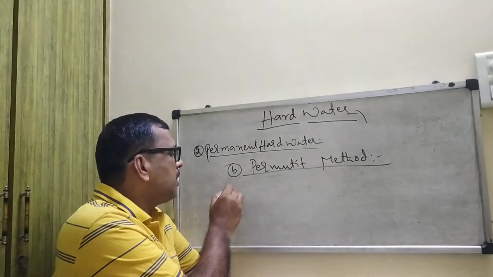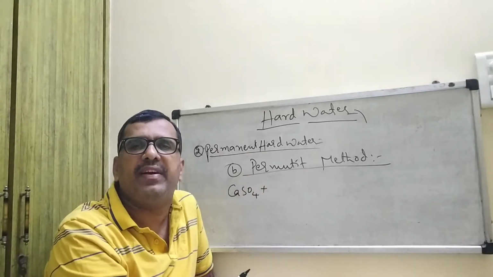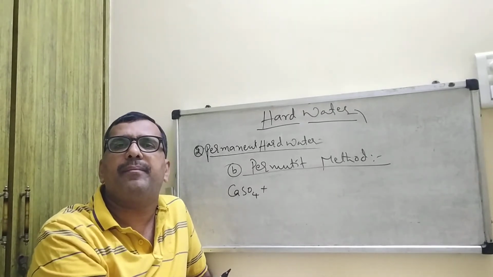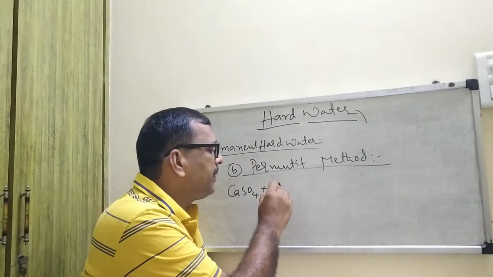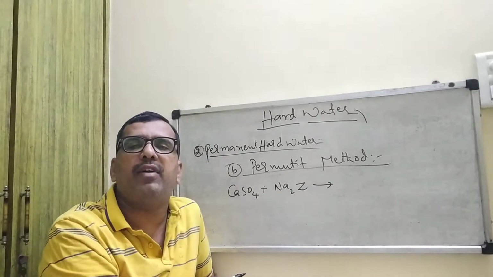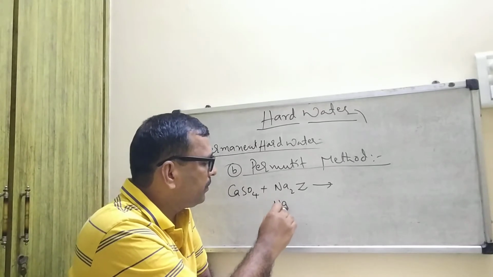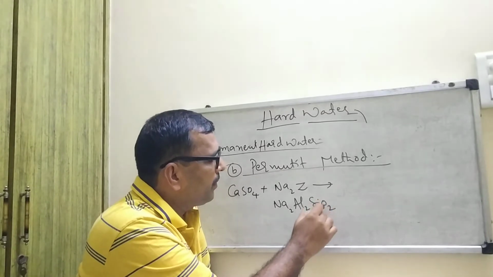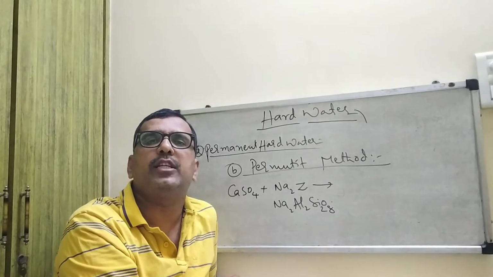Suppose calcium sulfate is present in that water, calcium sulfate reacts with zeolite. What is the chemical formula of sodium zeolite? Na2Al2Si2O8·xH2O.